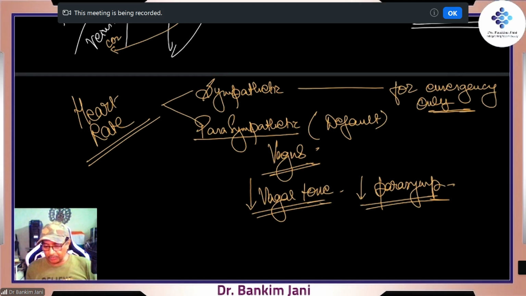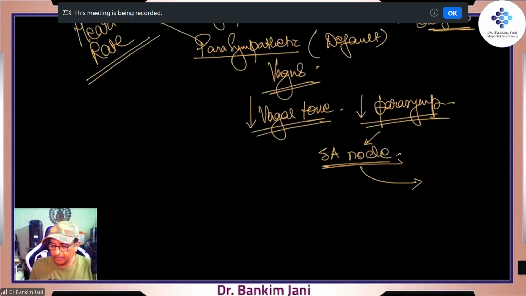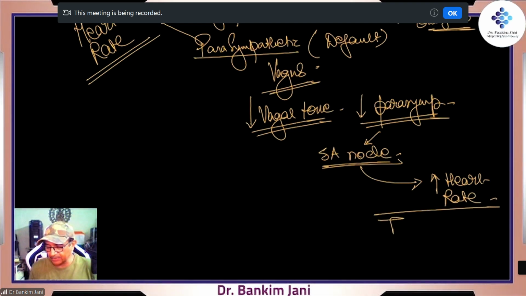Its effect would come on the SA node. The SA node will start firing more impulses, and that is the reason there would be increased heart rate, which will be called tachycardia. Right? We'll be calling it tachycardia.